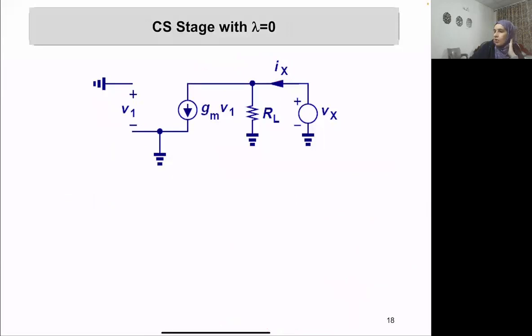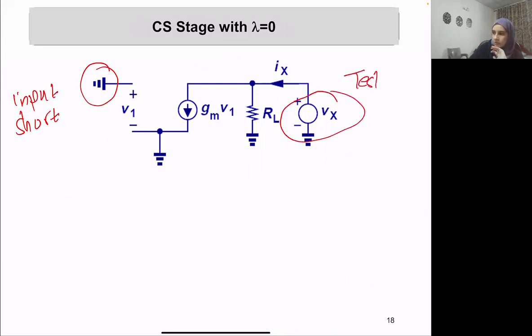Now, what about finding the output impedance of this amplifier? For finding the output impedance, we usually short the input, and from the output side, you apply a test source named Vx that has a current Ix, and Rout will equal Vx over Ix. Again, let me clarify it here.